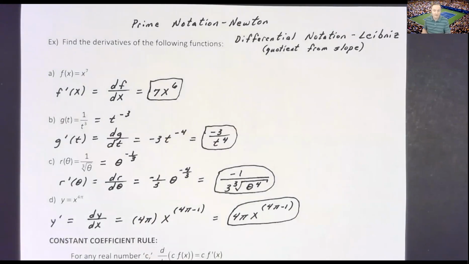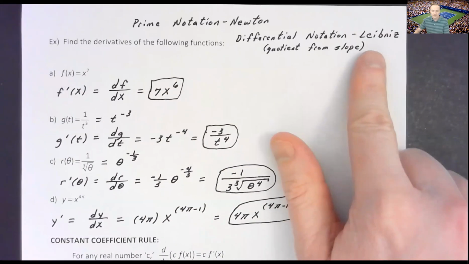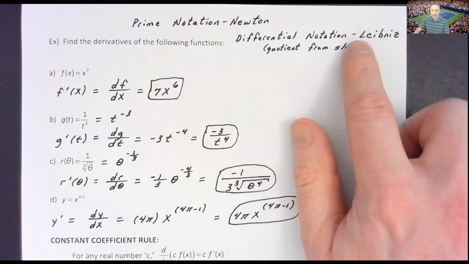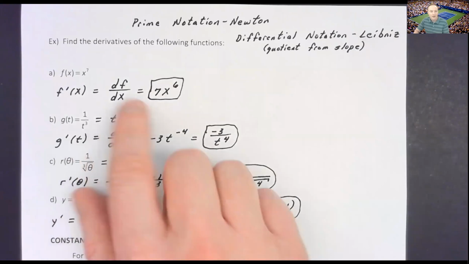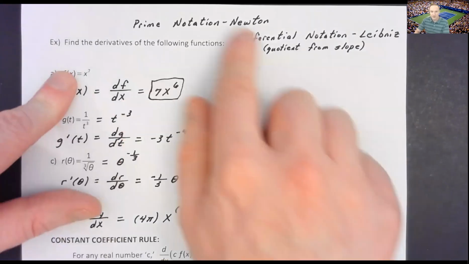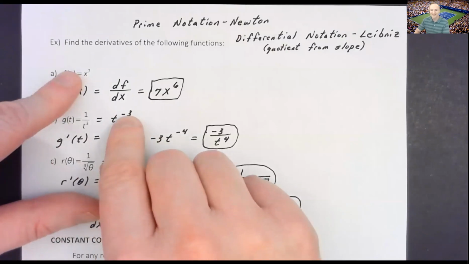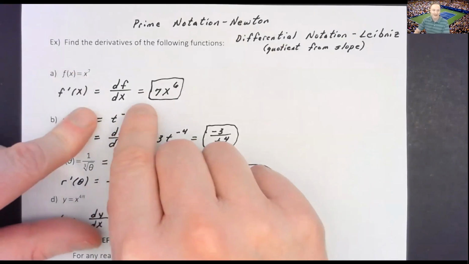Well, the derivative is simply the infinitesimally small change in y over the infinitesimally small change in x for the instantaneous rate of change. So anytime you see that, that's Leibniz notation. And you don't need to know this information for tests. I just wanted to provide that for you as an FYI.